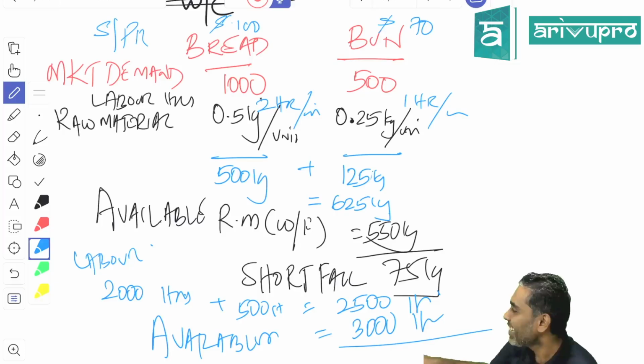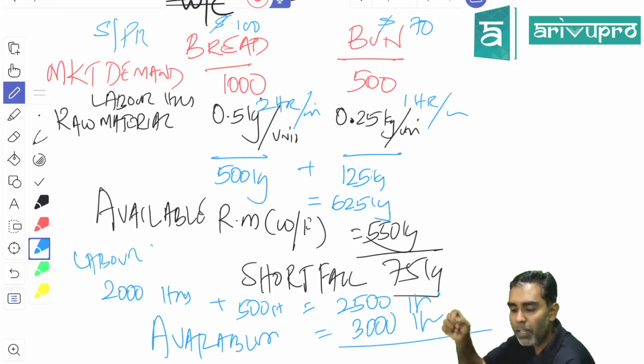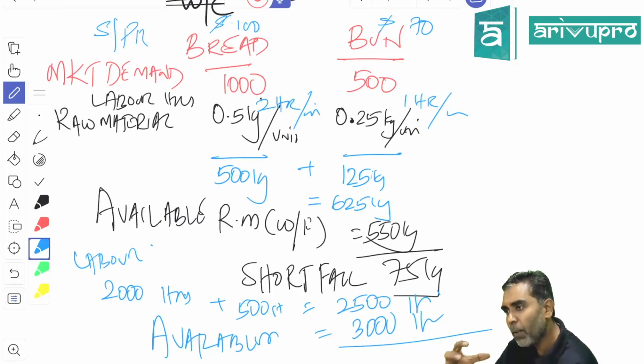What is it? Raw material. Yeah. So before I come to your point, what he said was, we'll have to give the priority for bun since the requirement is only 0.25 kilo. Comparatively, the requirement is lower. Therefore, we'll have to give the priority for what? That is his argument.